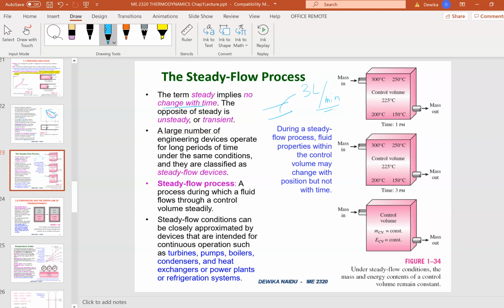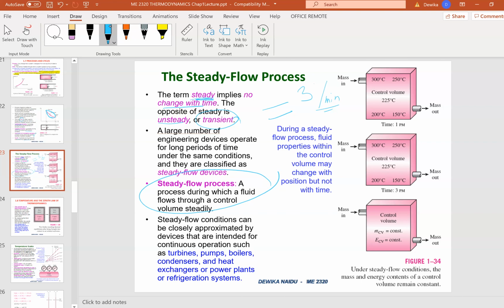In real life, of course, the water will fluctuate a bit, maybe 3 liters, then 2.9, then 2.7, then 3.2, then 3.1. But in your textbook, when you talk about steady flow, if it is 3, it is 3, constant. Anything that's opposite is unsteady, or another word, transient. So steady flow is emphasized during this lecture.